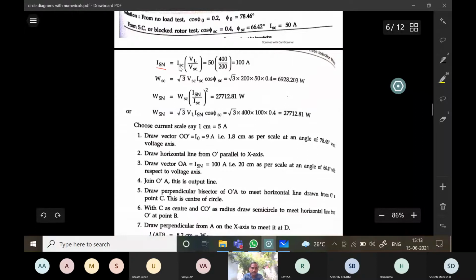ISC is given, that is 50 ampere, VL line voltage is 400, and VSC is 200. So calculate it, you will get ISN of 100 amp. Write down, this is 100 amp.